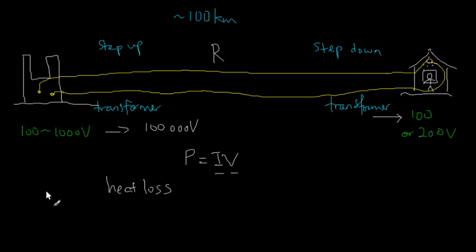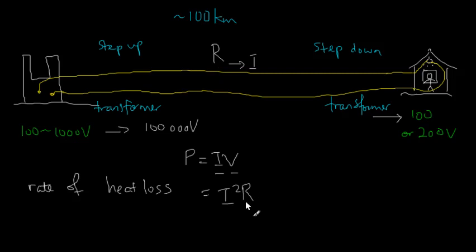The rate of heat loss can also be calculated by the same power equation, except that we would use the current in the wire and multiply it by the resistance in the wire. So I squared R.